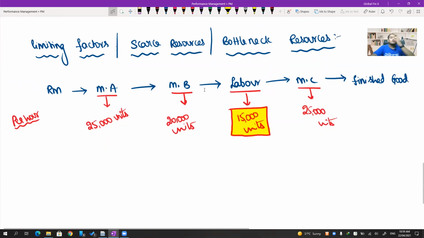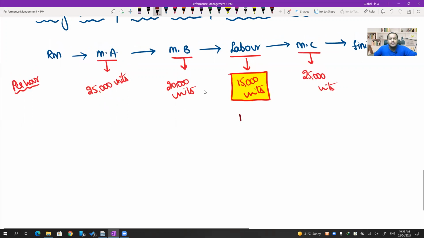Now, what are we supposed to do? Once we understand that there is a bottleneck in our factory, what are we supposed to do, sir? We will hire more labor and increase this to 20,000. Then with machine A at 25,000, machine B will become the limiting factor or the bottleneck resource.